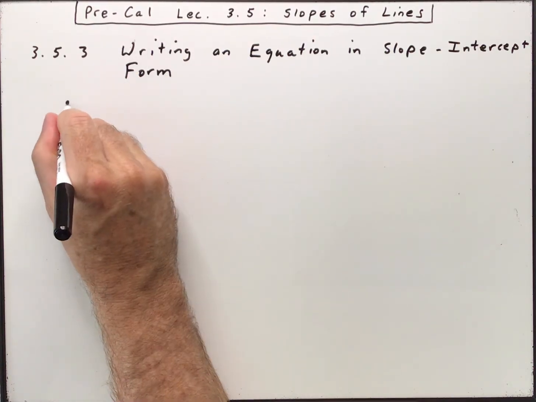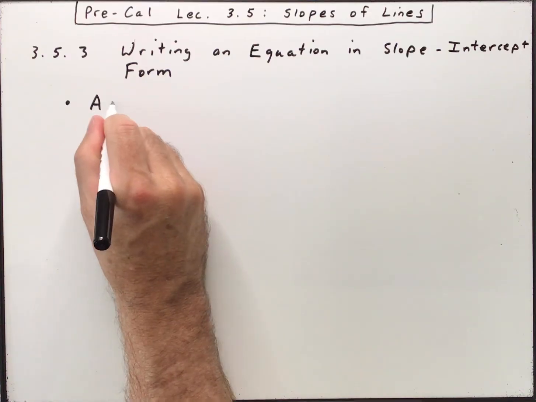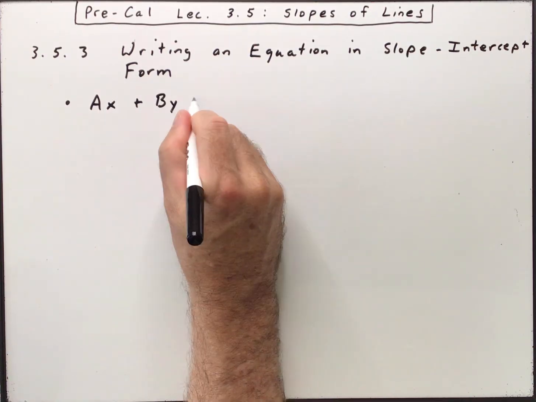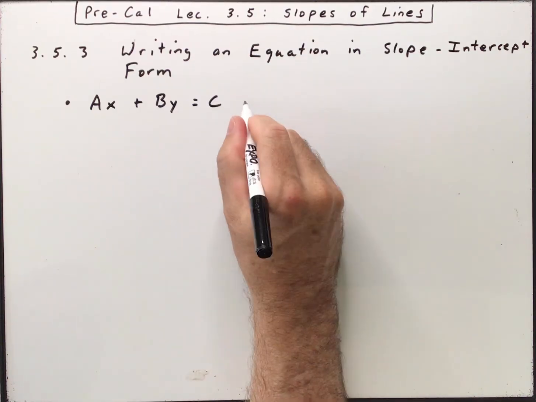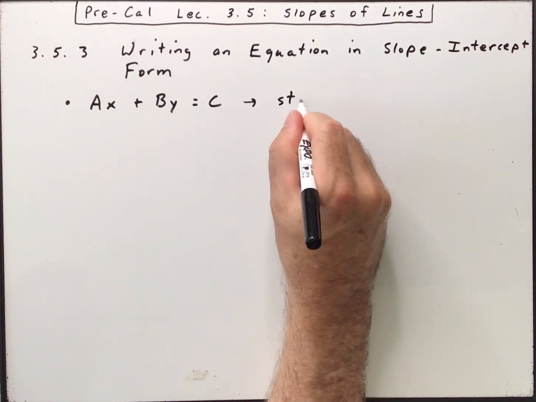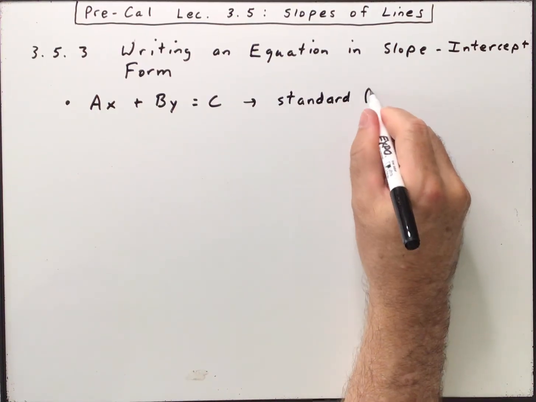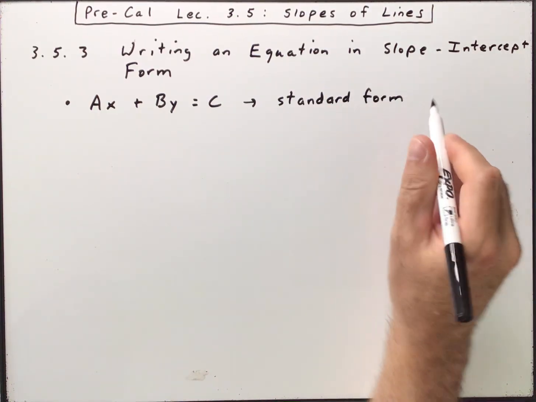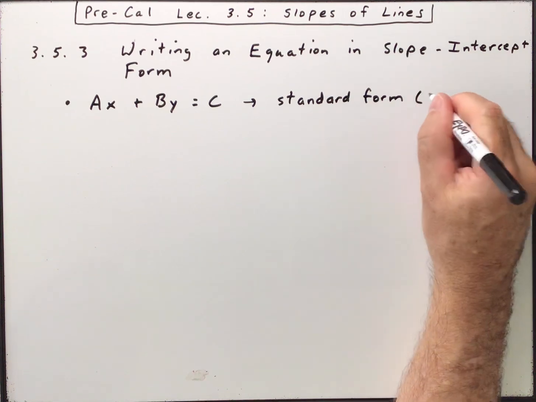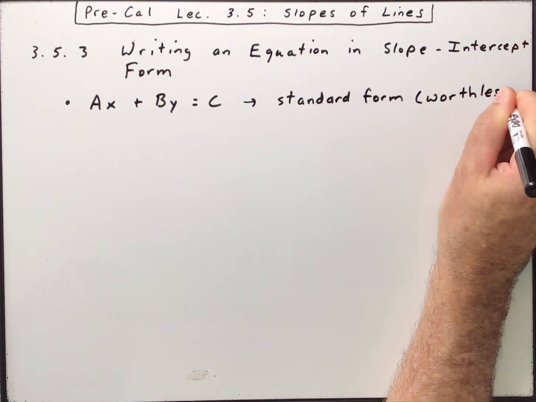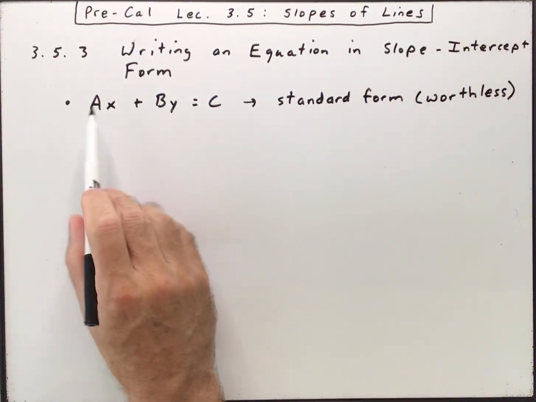Okay, so let's say we have this: ax plus by is equal to c. This is called standard form. And in my opinion, it is worthless, because you can't get anything just by looking at it.